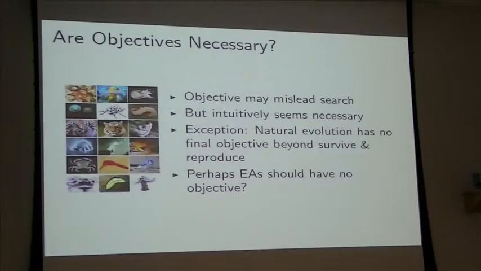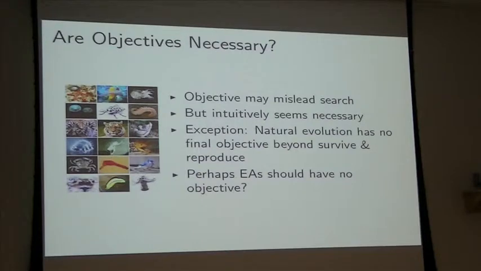So this leads us to the question: are objectives necessary? Because while the objective may mislead search by leading us directly into local optima, it intuitively seems necessary. It's hard to imagine a search process without direction that still is useful or interesting to us, with one notable exception. Natural evolution itself, the exemplar for evolutionary computation, really has no final objective beyond increasing the survival and reproduction ability of organisms.